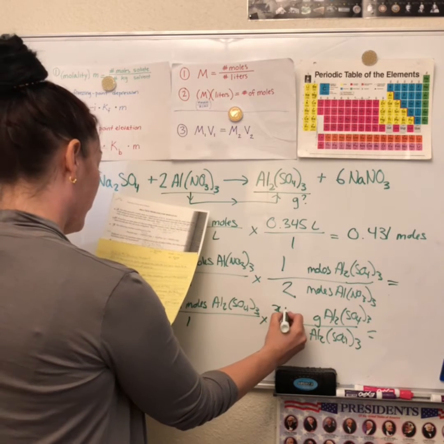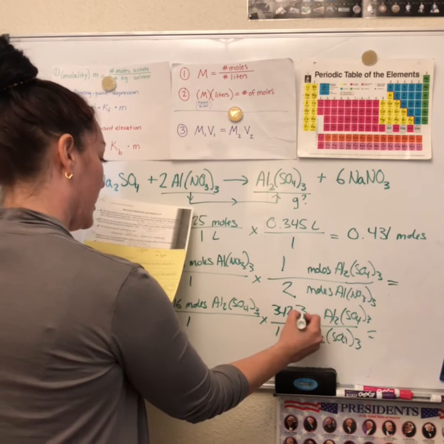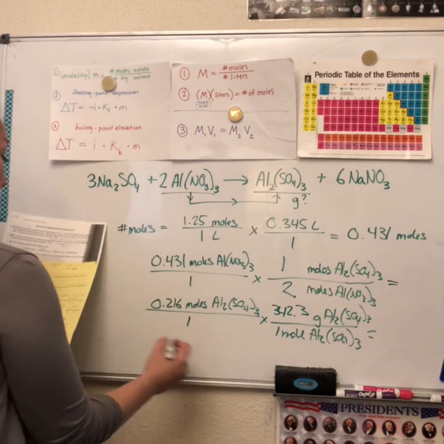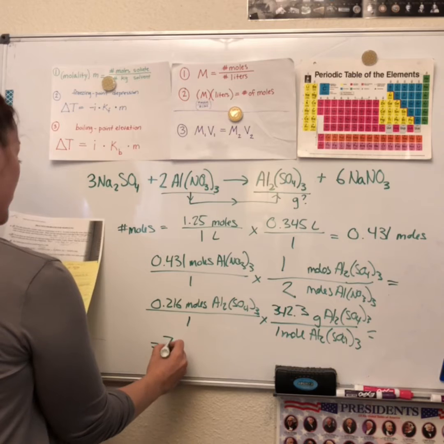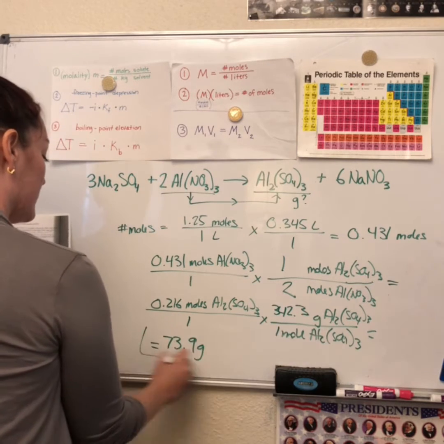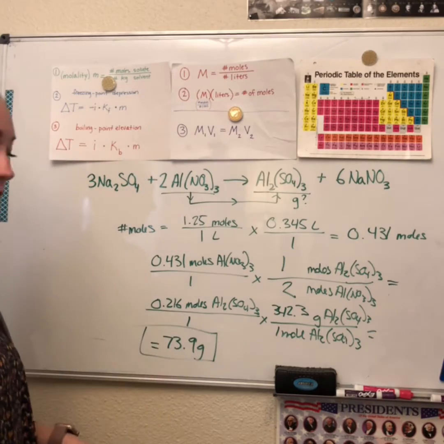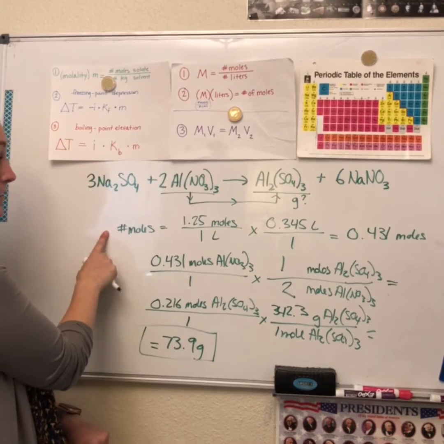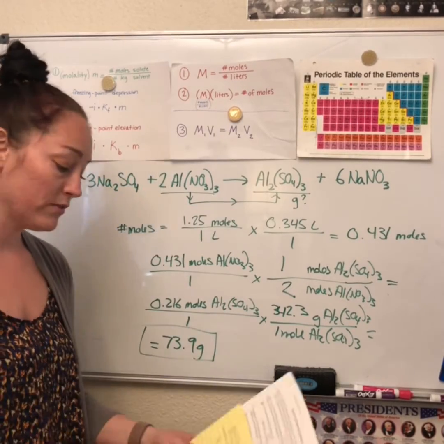It's 342.3 grams. So if I crunch this last equation and I use my significant figures, I should end up with 73.9 grams of this, okay? So that should be your answer. So I really just use my molarity equations and then I use stoichiometry for the rest of it.